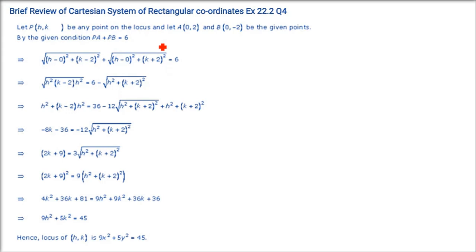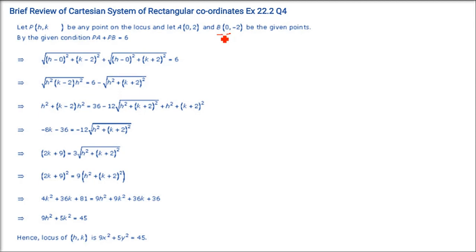Find the locus of a point such that the sum of its distances from 0, 2 and 0, minus 2 is 6. So again we have to use the distance, but here now we have to add, just like the previous question. We are going to add d1 plus d2 equals 6. So the 2 points are 0, 2 and 0, minus 2.